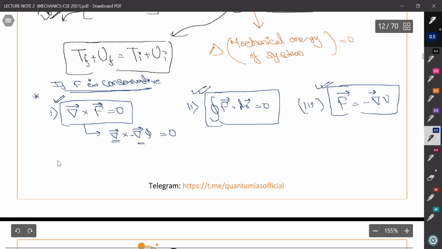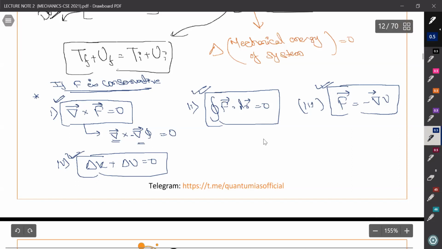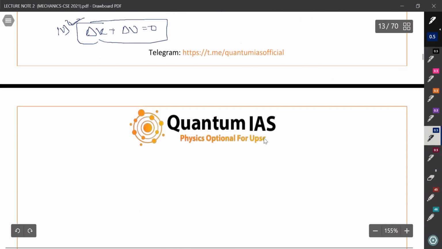Okay. If one is true, all of them are always true. Also, delta K plus delta U is 0. That is basically our conservation of energy. And we will see it is very helpful in solving many of the problems. Okay. And it is one of the basic fundamental conservation laws in our universe. So let us move to the practice part.